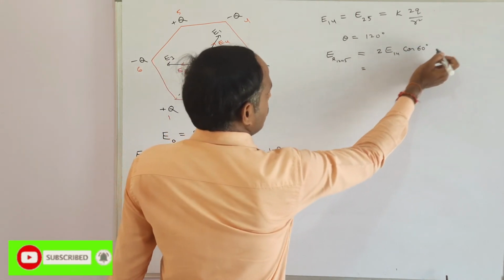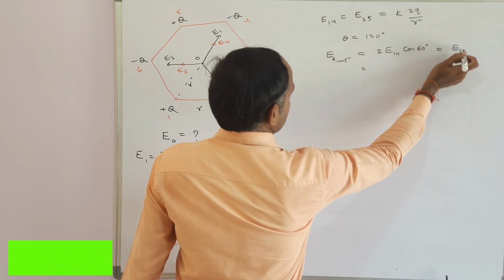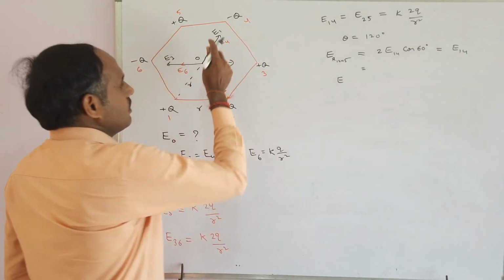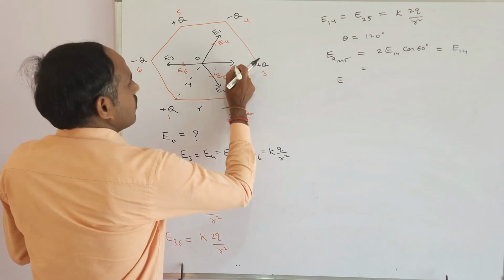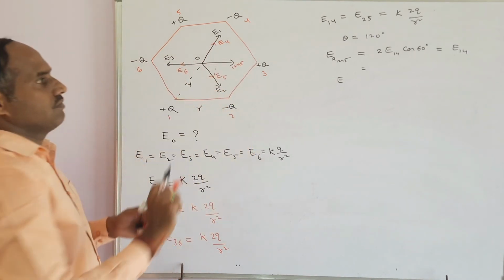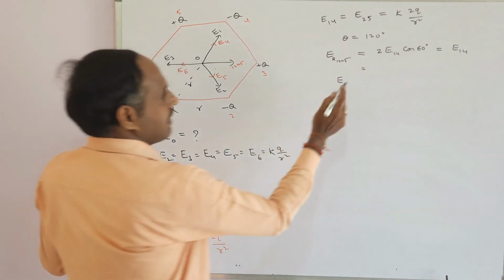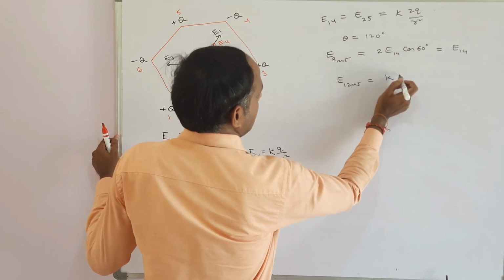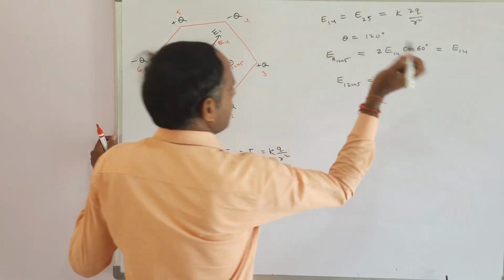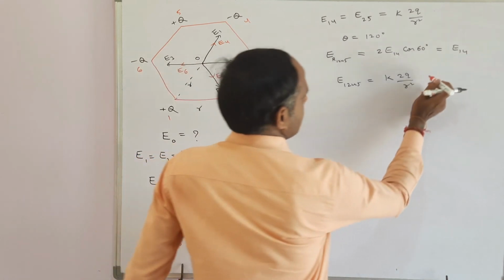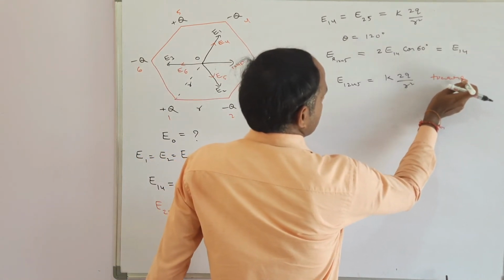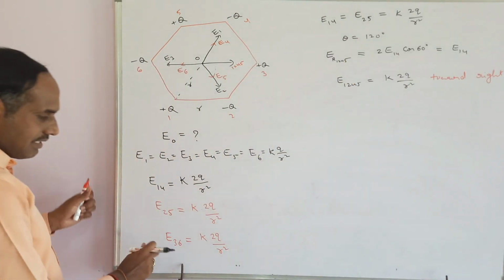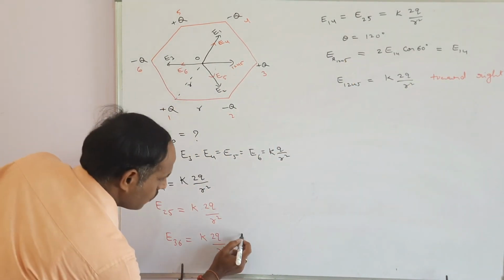Cos 60 is nothing but 1 by 2. So the resultant of these 1, 2, 4, 5 is towards rightward, and that magnitude is K into 2Q by R square, towards rightward. And this E36, K into 2Q by R square, is towards left.